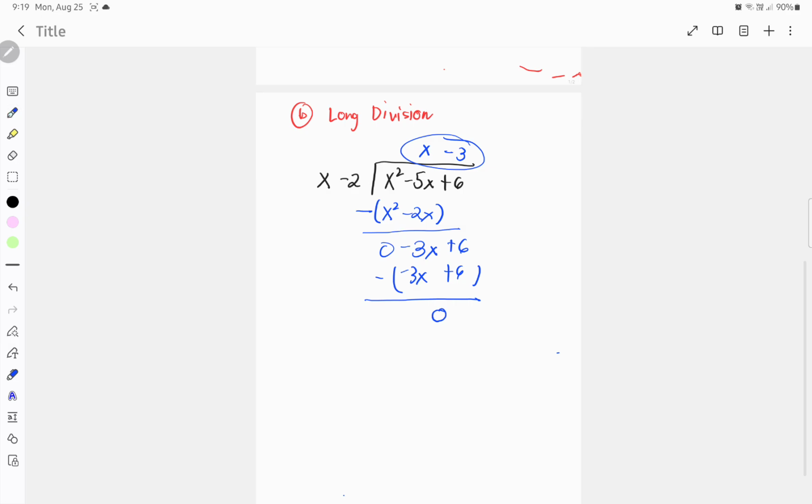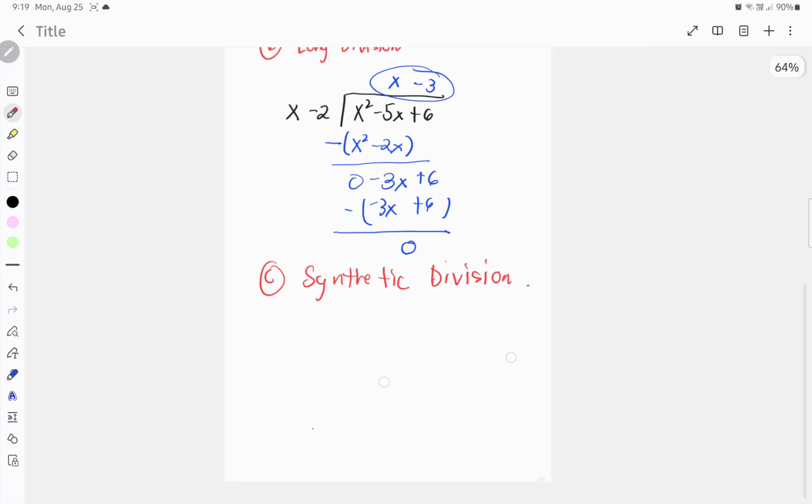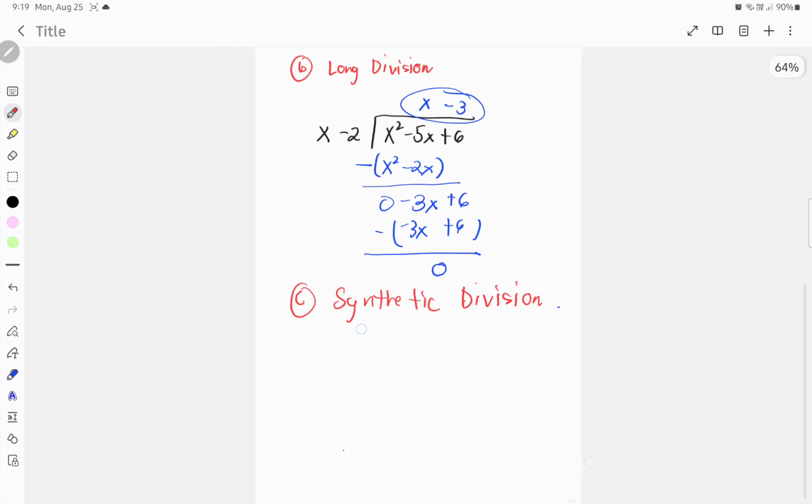Another method that we would like to see is what we call synthetic division. Synthetic division is quite the same as our long division. However, we're just using now the numerical coefficients.